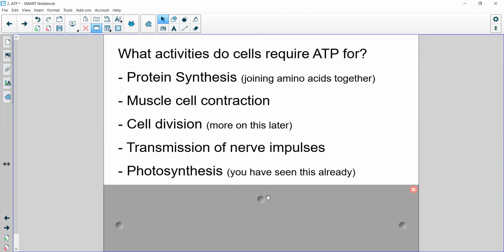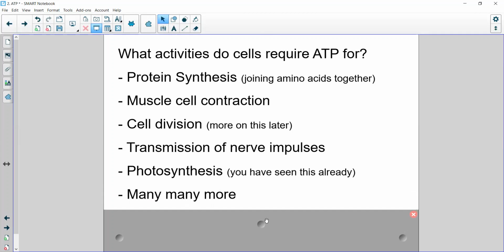And one that you've already learned a little bit about, photosynthesis. This is a slightly strange one because photosynthesis does generate its own ATP for its process, but you've seen it here. We've mentioned ATP in this topic, and that the ATP that was generated in stage 1 of photosynthesis ends up being used in stage 2 of photosynthesis. And there are many, many more.